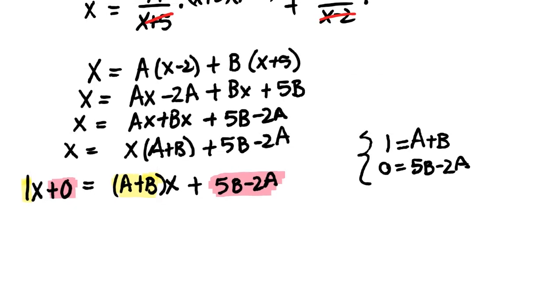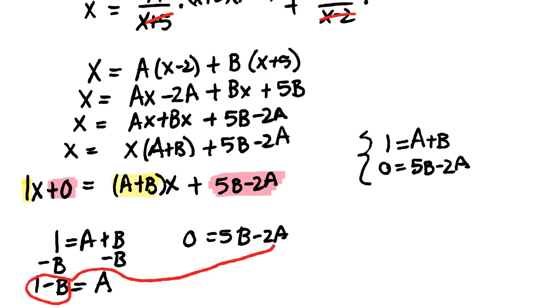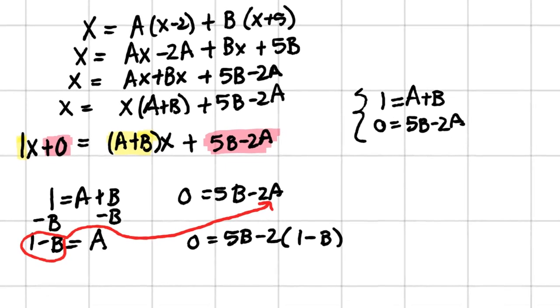With the first equation, I have 1 equals A plus B. I'll subtract B on both sides, so A equals 1 minus B. Then I'll substitute that into the other equation, 0 equals 5B minus 2A. Substituting 1 minus B for A gives 0 equals 5B minus 2 times (1 minus B).